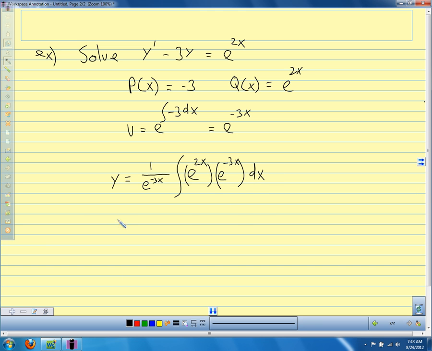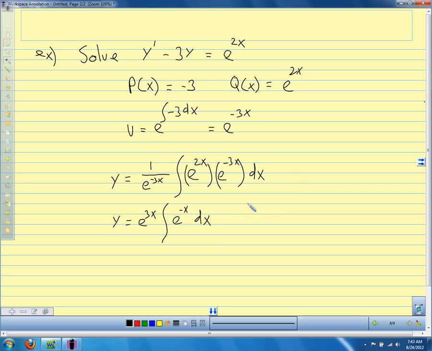Now we're going to simplify this. So 1 over e to the minus 3x is just e to the 3x. And we have the integral of e to the 2x times e to the minus 3x. So that's just e to the minus x dx.